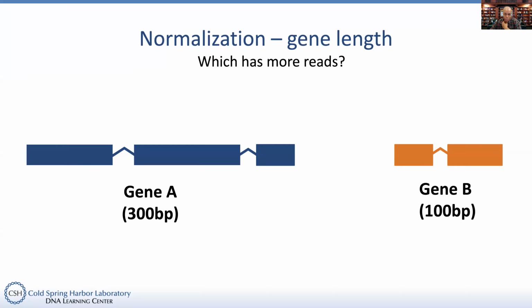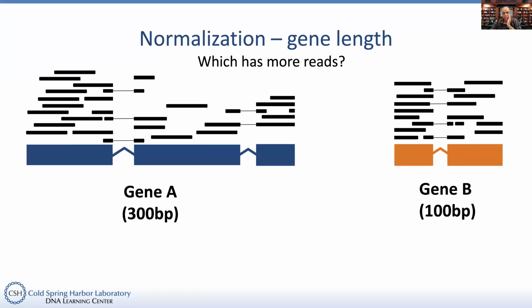Now the next question, once we understand, okay, genes, in our case transcripts, have different length, great. But the next question is, which of these has more reads? So if we had sequencing reads, as we've seen before, done in black, they map to, they might match completely over an exon, maybe they overhang an exon, maybe if they cross an intron, then usually that line there just means there's missing data.